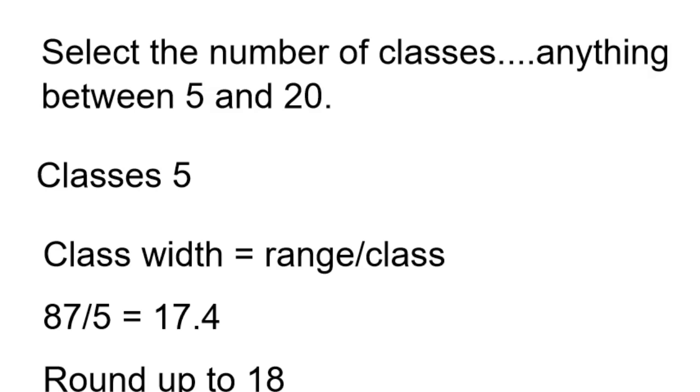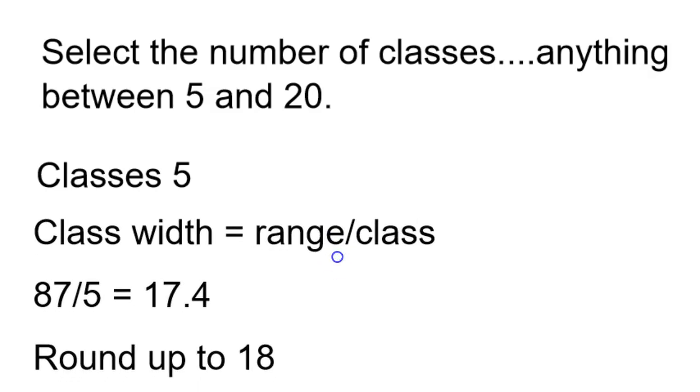So in this case, I'm just going to do the lowest, which is 5. And then you calculate the class width, which equals your range divided by the number of classes you want. So in our case, 87 divided by 5 is 17.4.